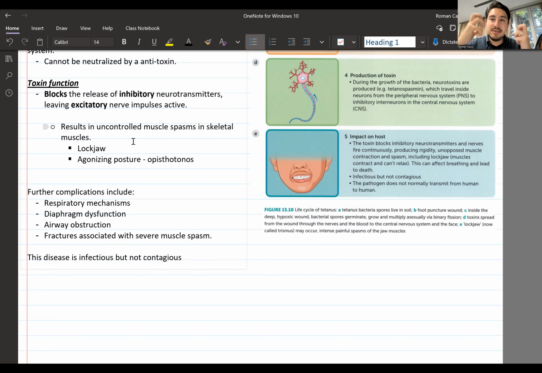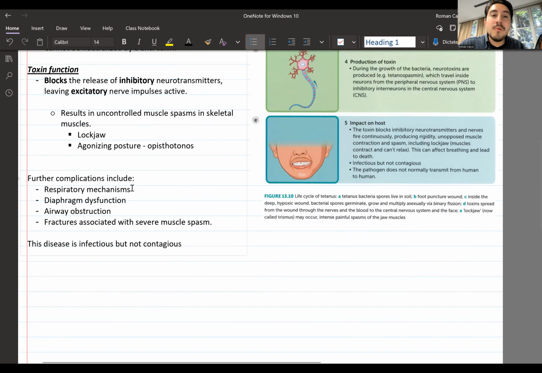Your fingers tend to be curled up, your arms are close to your body, and your back is bent backwards. You get these agonizing postures, referred to as opisthotonos. I don't think you need to know that, though.